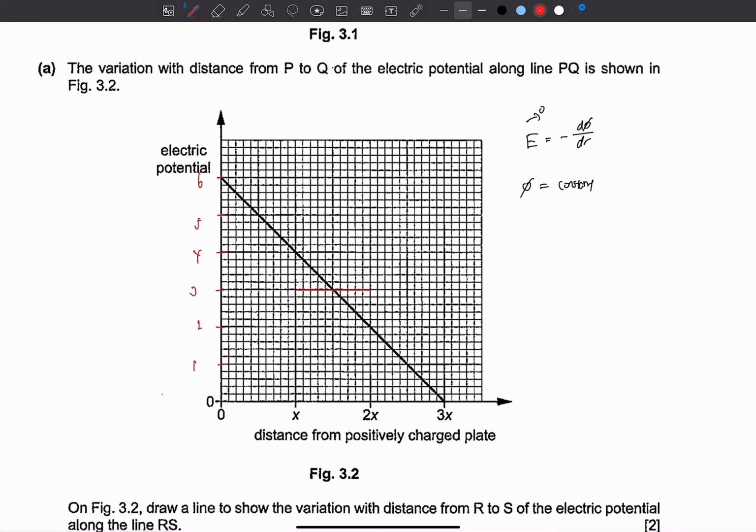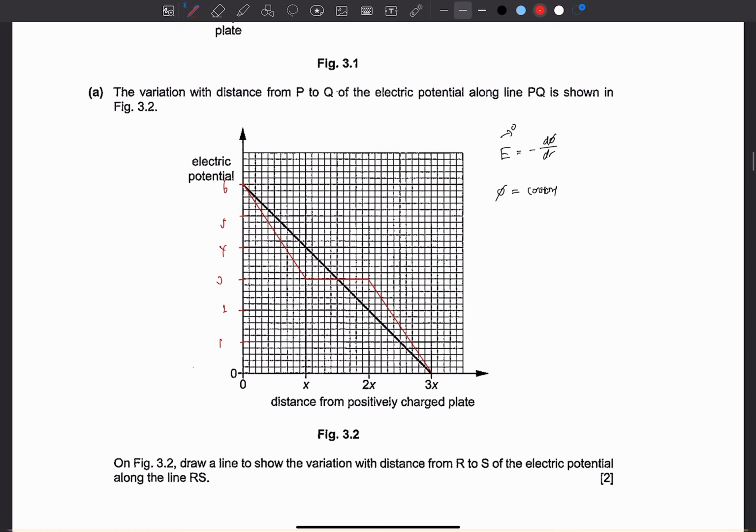So half of 6 is 3. That's how we arrive at this one here. And then all we have to do is just join up the lines like this and like this. There we go. As simple as that.